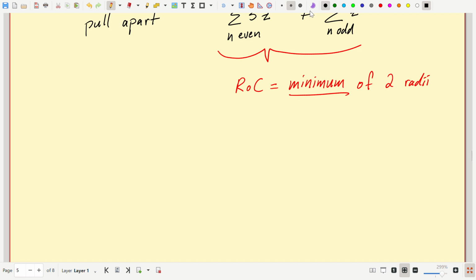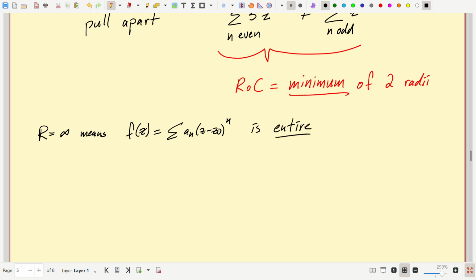Yeah, so R equal infinity means that the f of z that you get, which is the sum of the power series, is entire. In the case R equals infinity, it means that lim sup would be 0.